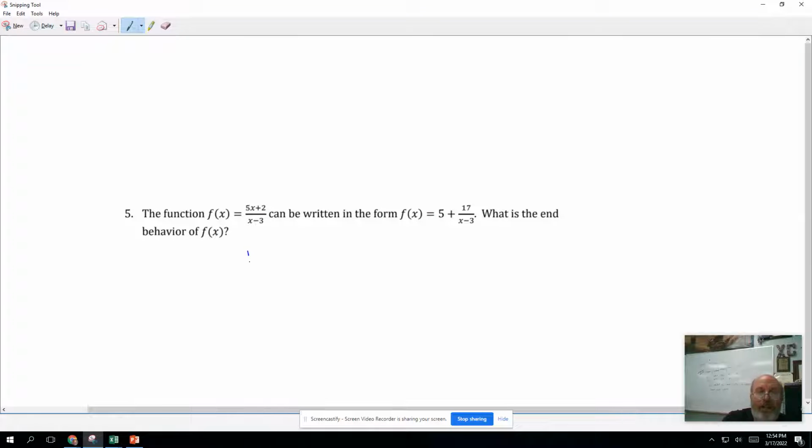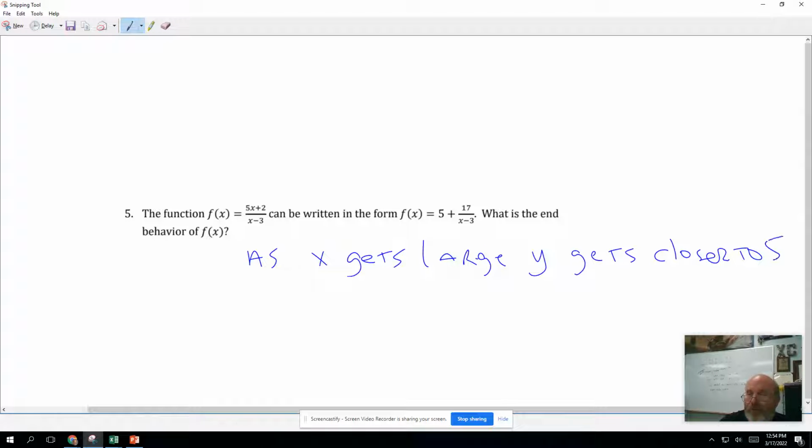So you can say as x gets large, and this goes the same way in the positive and the negative direction, y gets closer and closer to 5. That's all you have to say for the end behavior.